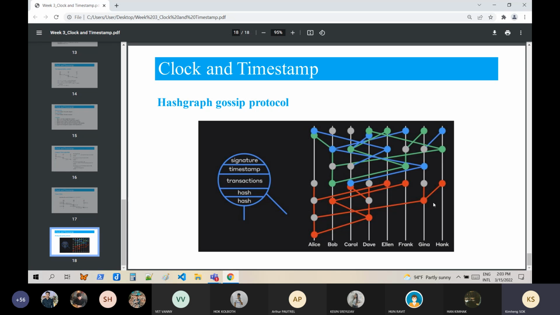If we don't have a real computer clock, people need to find a solution to create a clock. The logical clock looks just like a graph. In a graph there are nodes and edges, and they talk to each other. You can see there are different colors which represent different kinds of state.